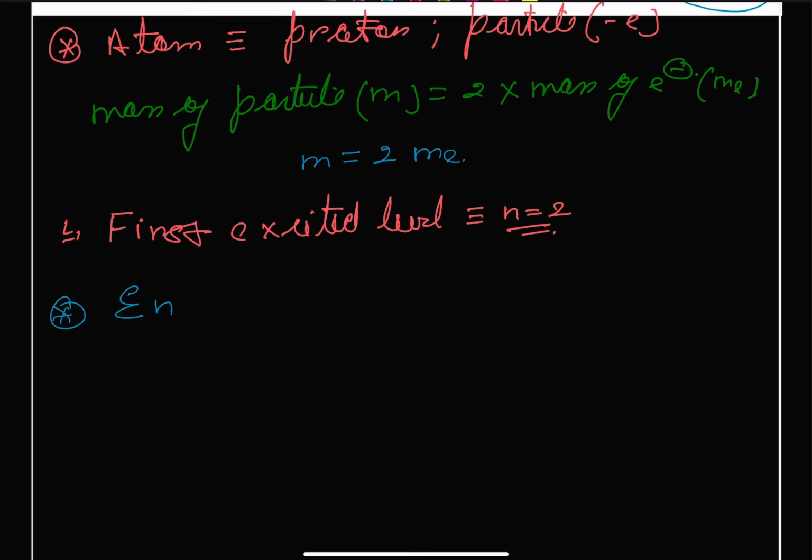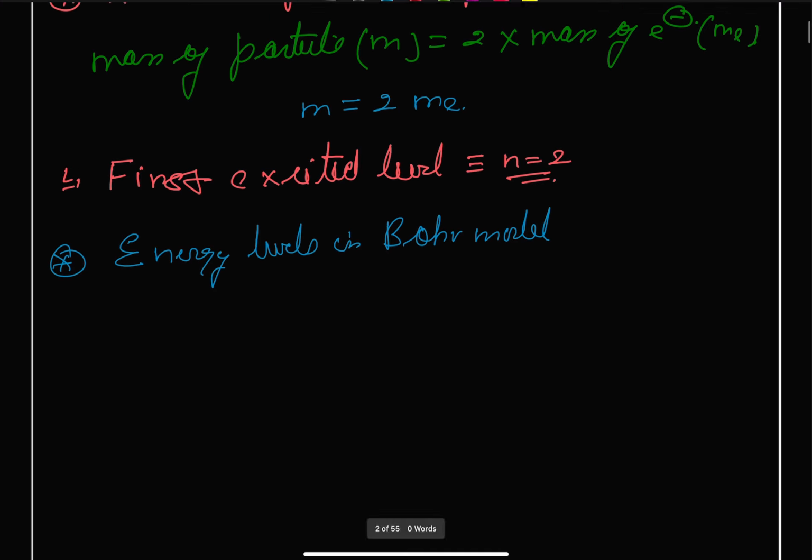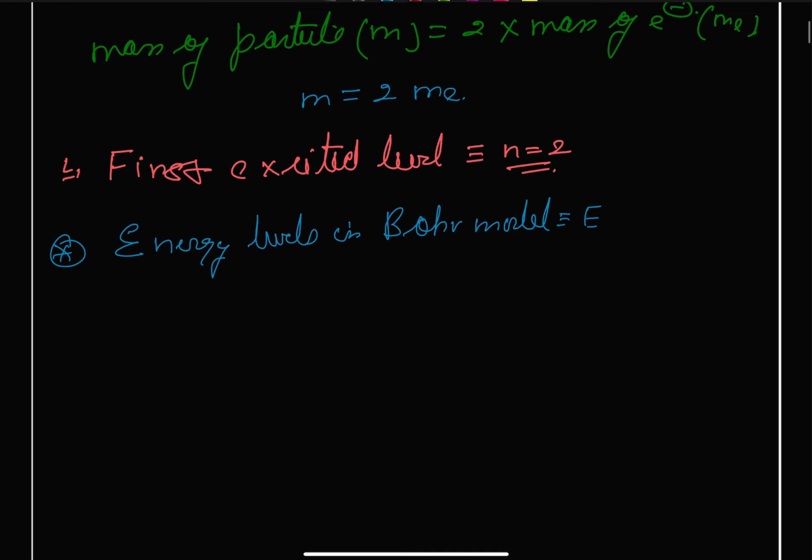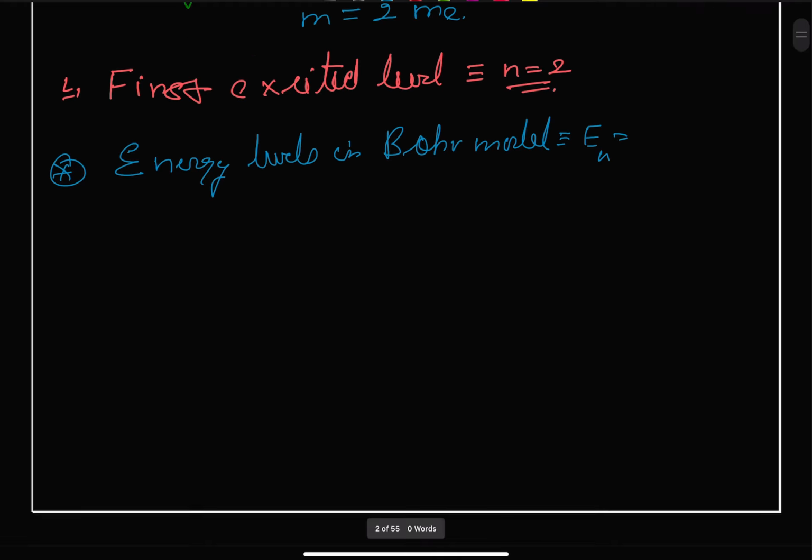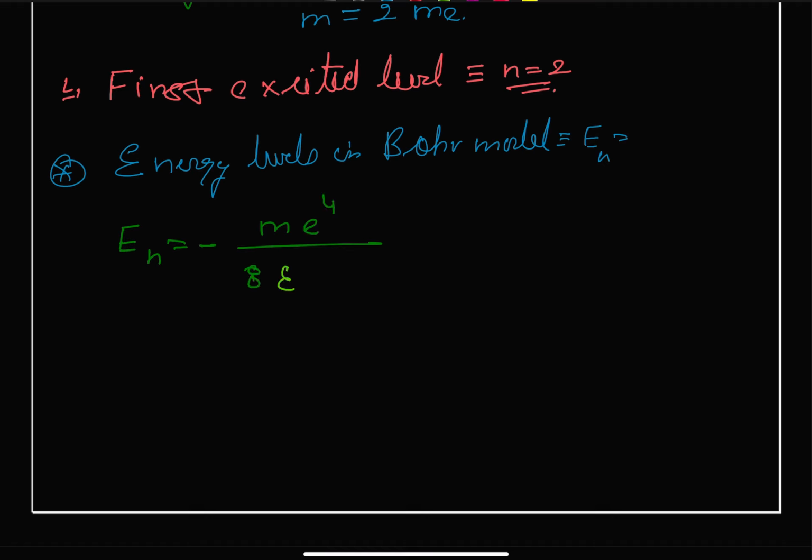Energy levels in Bohr model, and for nth energy level, if energy is given as E of n, then we can write that our E of n is equal to minus m e raised to power 4 and here we have epsilon naught square h square and multiply by 1 upon n square.